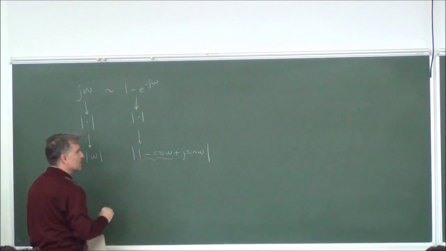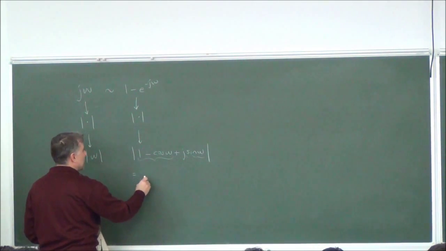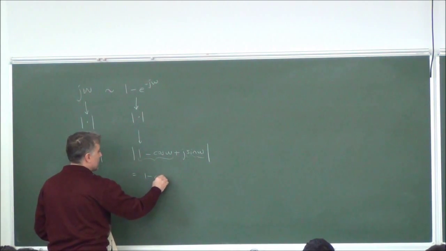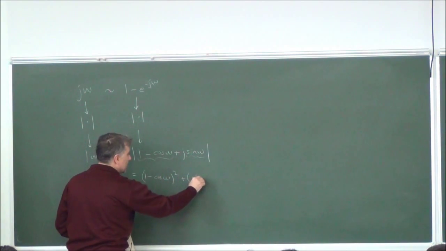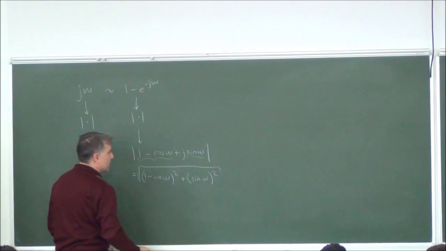So how do we find the magnitude of this? This is the real part and this is the imaginary part. The real part squared, 1 minus cosine omega squared, plus sine omega squared, and you take the square root.